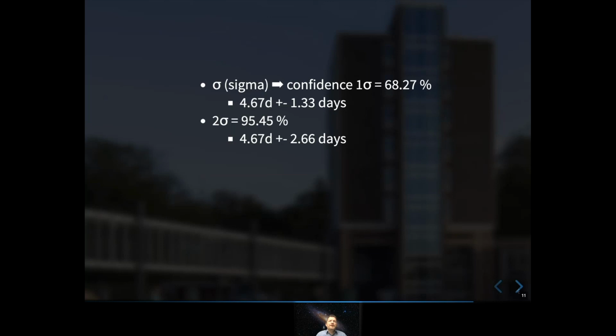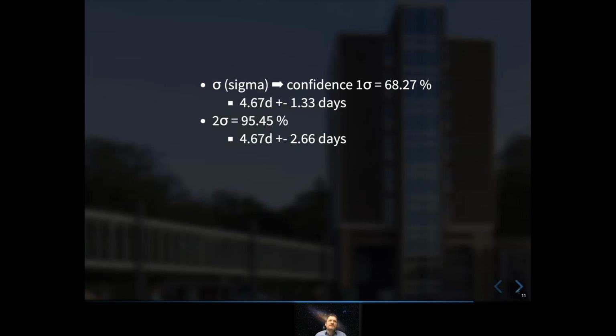Actually, if I do this task 100 times, I can say that between roughly 3 days and 6 days with 1 sigma, roughly 70 times I will really do it in this range. And with 2 sigma, I can say 4.67 days plus minus 2.6 days. I'm nearly 95% confident, and doing this 100 times, nearly 95 times I will really match that. This is what it actually tells us.